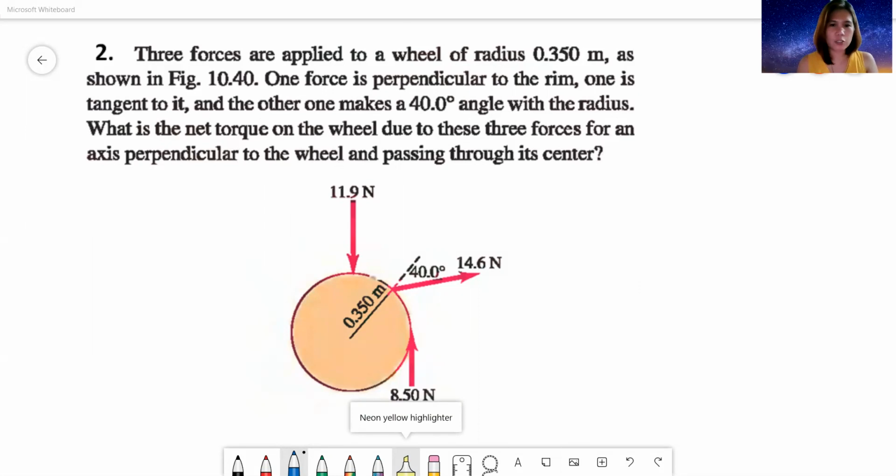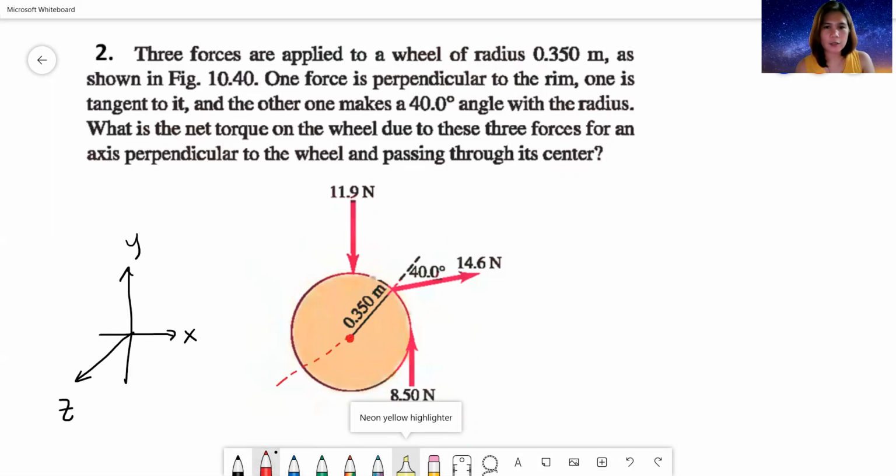Let's choose our axis so that if we take this as x, this would be our y, and then the axis that cuts through the circle would be the z-axis. So if this is the center of the wheel now, let's sketch this axis as 90 degrees with the surface. So this is axis A, where the axis of rotation is located.